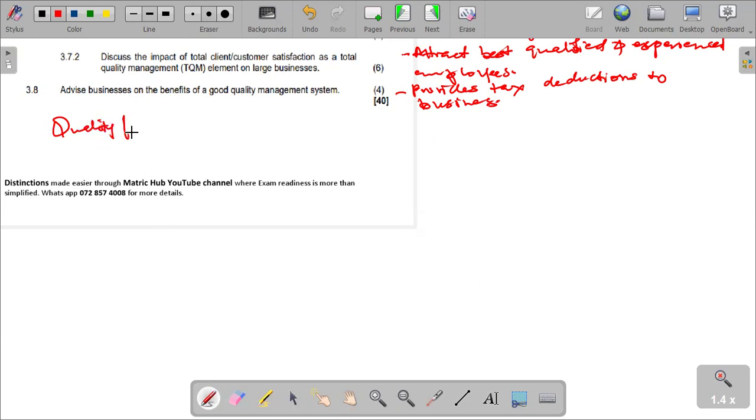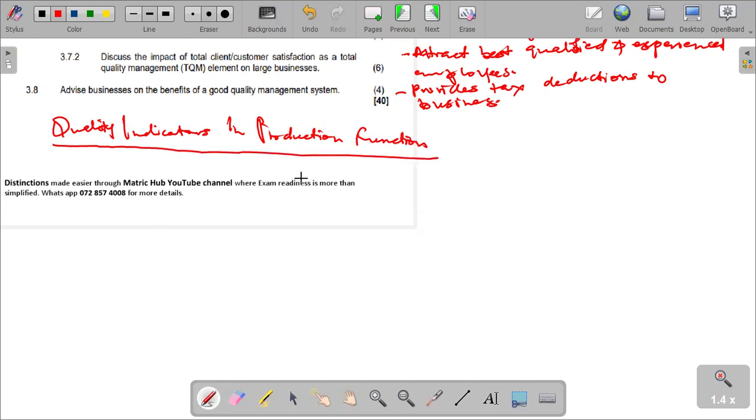Quality indicators in the production function. What are those items that we can talk about or which you can identify to say that they are there to indicate quality in production?